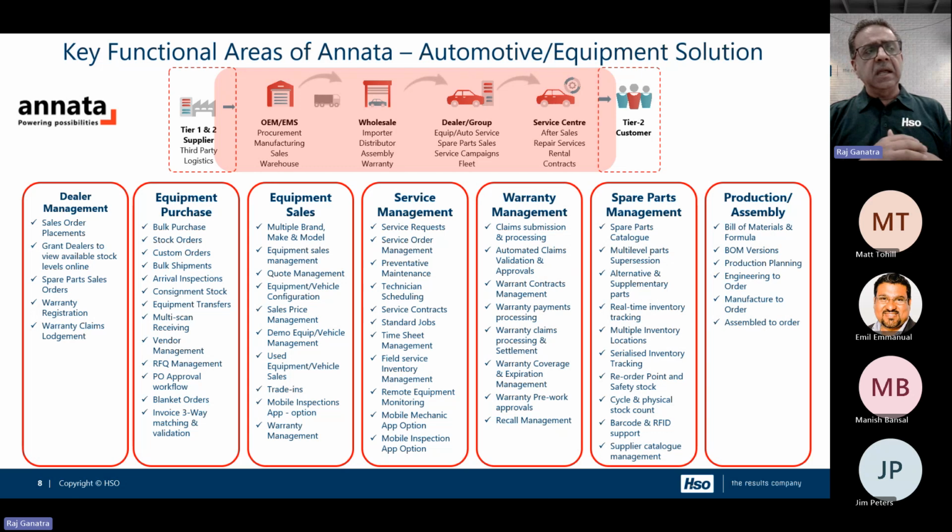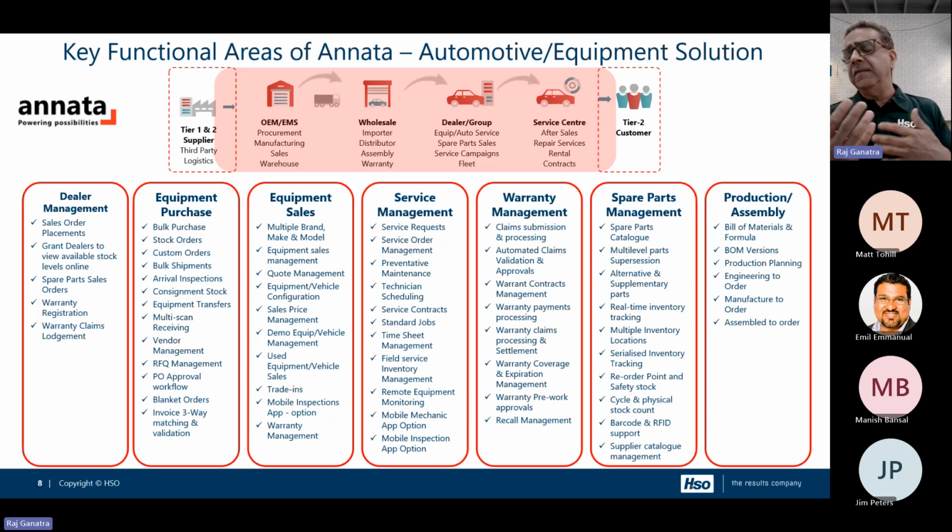On the sales side, it gives you capabilities to deal with multiple brands, models and makes. You can structure this and build price lists by dealers, or by brand and dealers, or by regions out of the box. It gives you a process to manage quotations with your dealers.